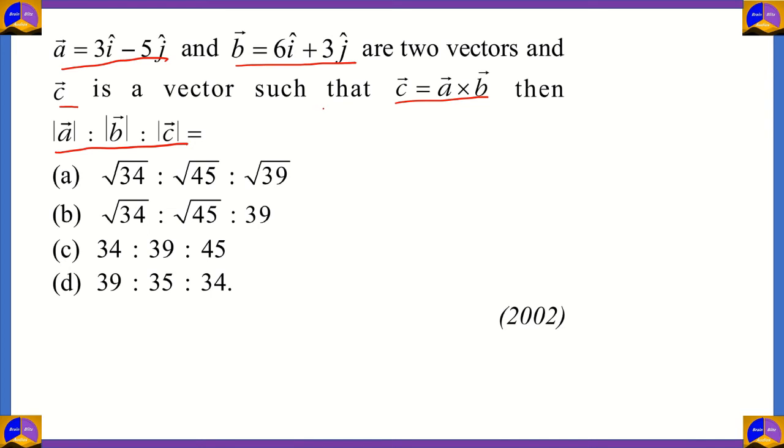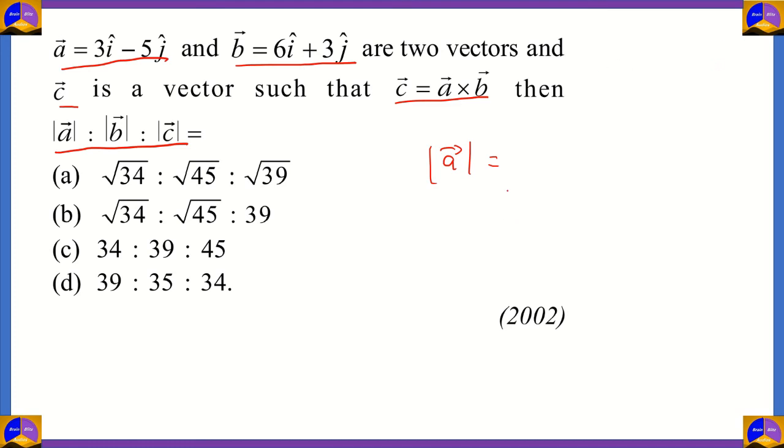So in this question, the first thing we can do is to find the modulus of A and B. So the modulus of any vector can be written as the sum of the squares of its components written under a root.